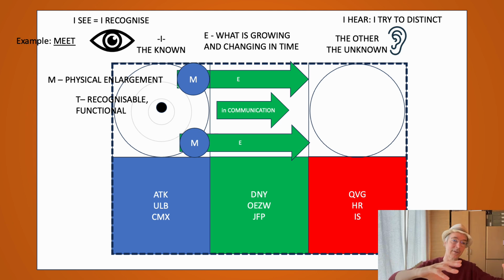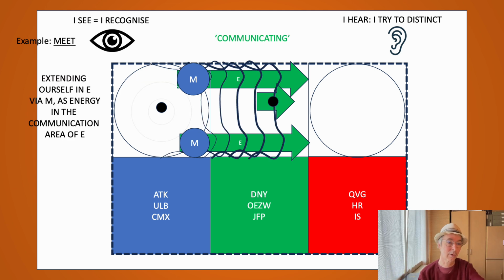It's the extension, the physical enlargement is there, but the A in the end is no longer there. So there's no longer an emphasis that it has to become more physical. No, it is about this communicating field. So you could also show it as this extension, more or less comparable, but without this physicality.